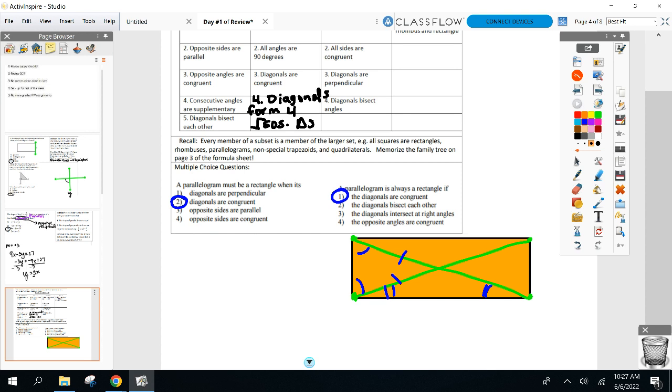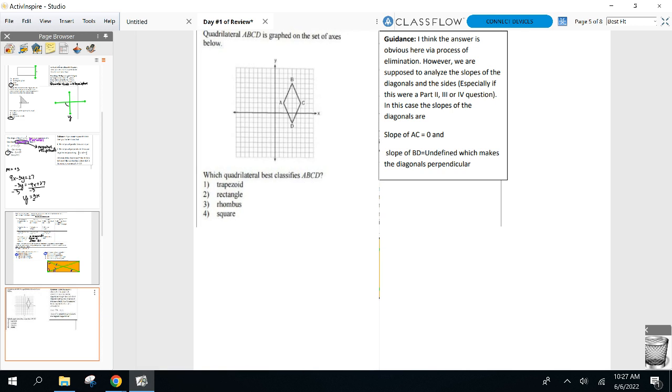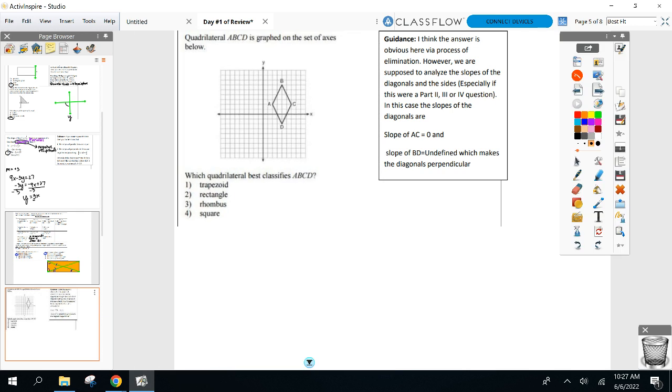All right, let's keep talking about the quadrilaterals. What's the best name for this one, A, B, C, D? I know by looks we could probably get rid of trapezoid, right? Rectangle, rhombus, square.